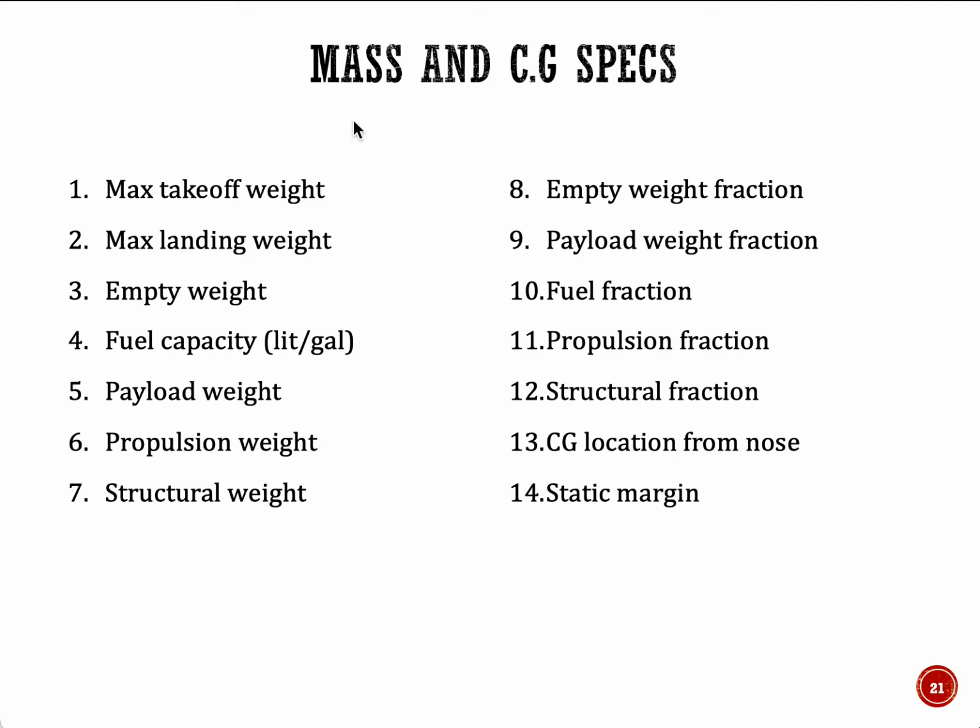So like empty weight fraction is basically empty weight divided by the takeoff weight, payload weight fraction, fuel fraction, propulsion fraction, structural fraction, because you need to make some really good estimates for all of these when you're designing your aircraft, and having a really good database of these values for a similar category and class will save a lot of time in the long run. So you will also be looking at the CG location from the nose and the static margin. We'll look at how we can calculate static margin and the CG, but this is something that you really, really want to collect.